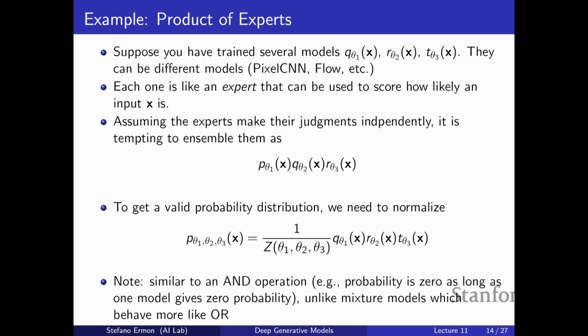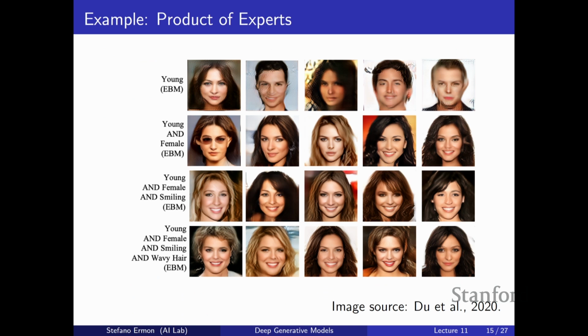While the mixture model, where you would say alpha p theta 1 plus 1 minus alpha p theta 2, behaves more like an OR: as long as one of the models assigns some probability, the ensemble model will also assign some probability. Taking a product behaves more like an AND, but it's much trickier to deal with because you have to take into account the partition function. But this allows you to combine energy-based models in an interesting way.